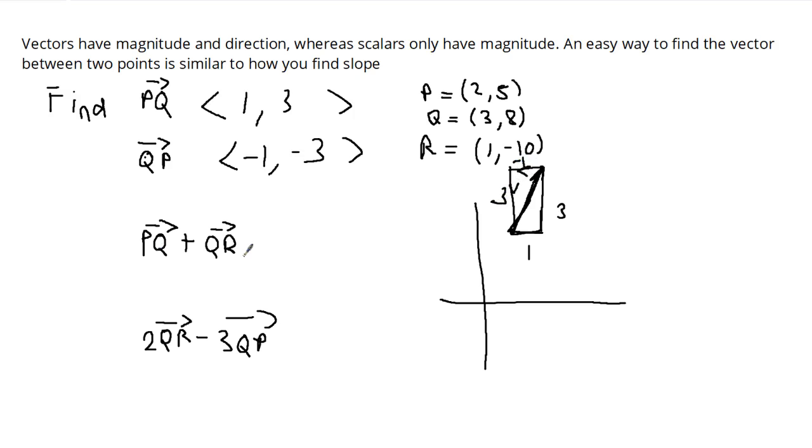We have PQ plus QR. R is (1, -10). So let's draw that, 1 and then -10. That'll probably be somewhere down there. And then PQ plus QR is actually PR.